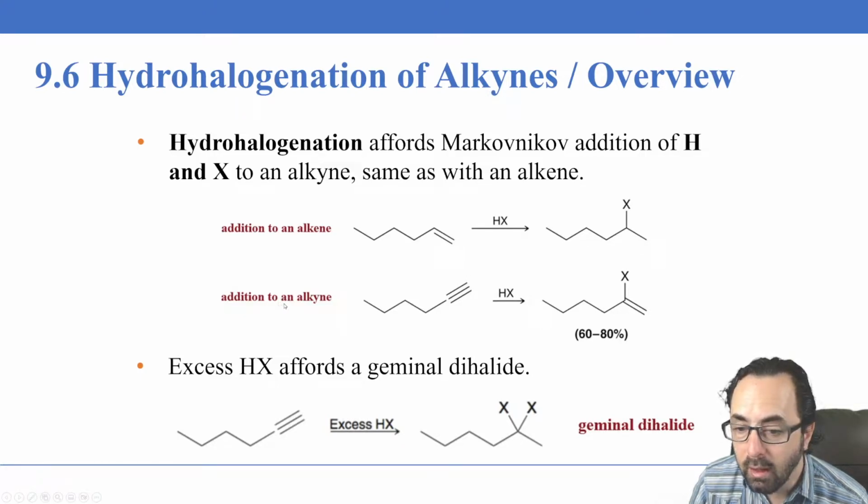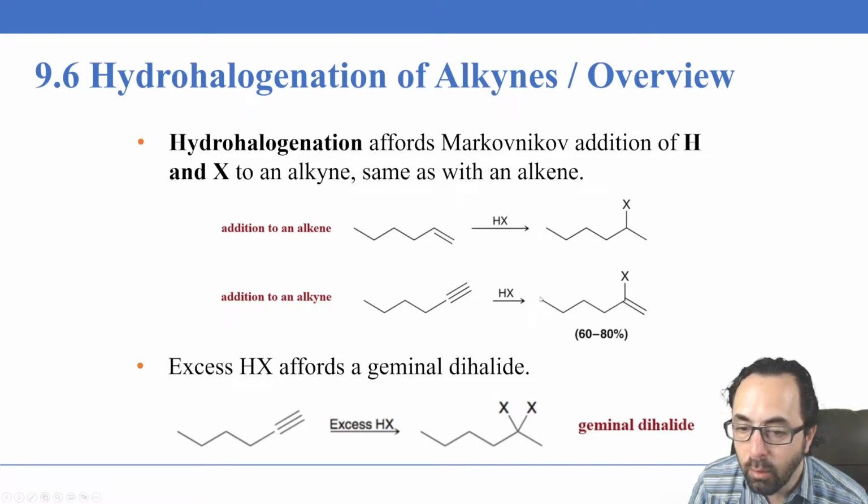When it comes to the addition to the alkyne, the hydrohalogenation of the alkyne, if we do one addition, similarly, we'll get a Markovnikov style result where the halogen atom will add to the more substituted carbon, and a hydrogen atom will add to the less substituted carbon, and we'll end up with a double bond.